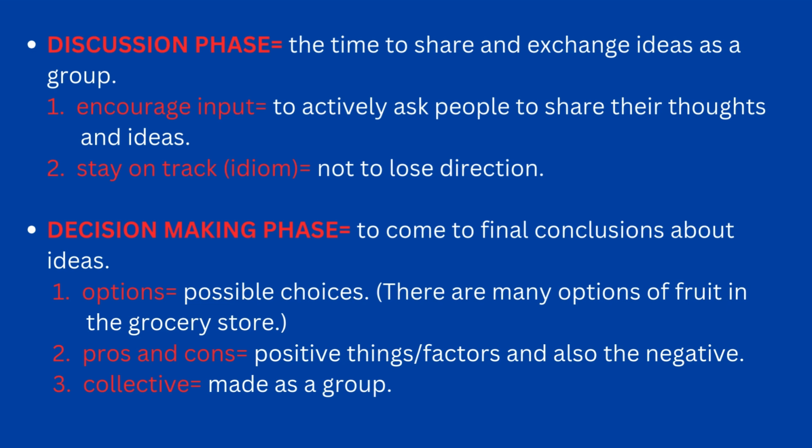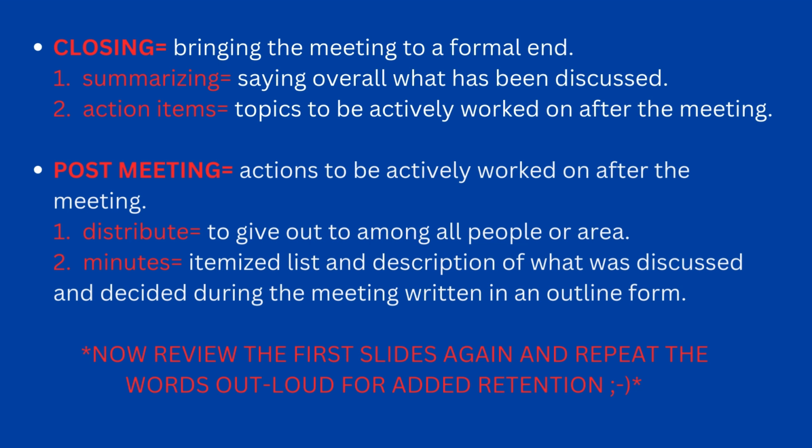Pros and cons, these are positive things or factors, and also the negative. And collective here means made as a group. So the decision making phase will ask that there are collective ideas or feedback given, and this is the whole group instead of just the meeting leader or management, for example.